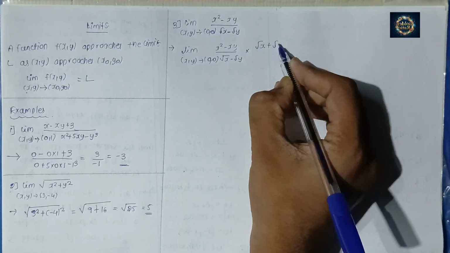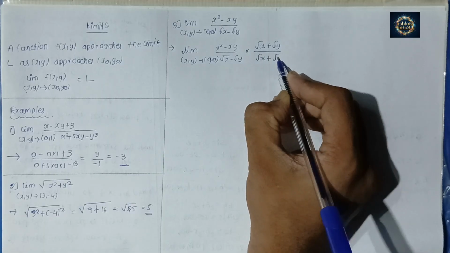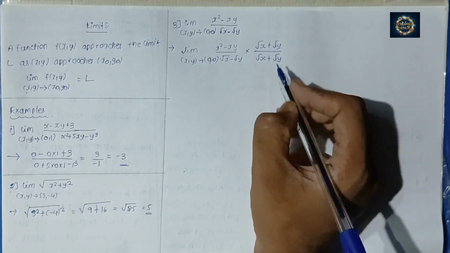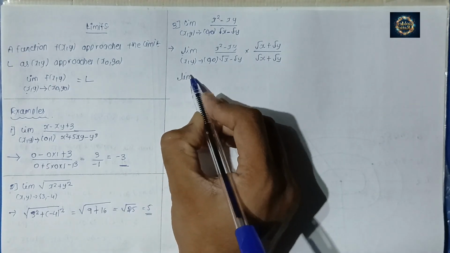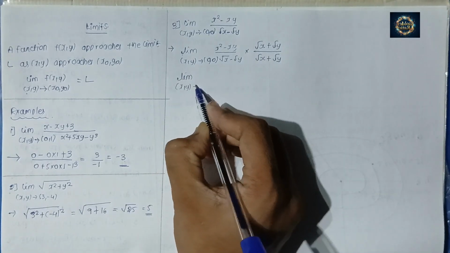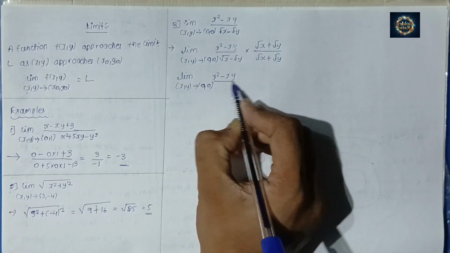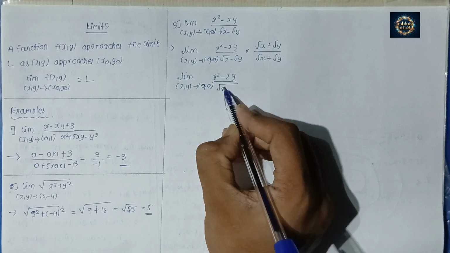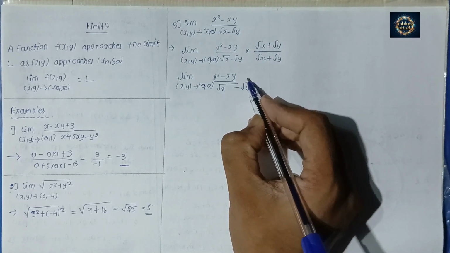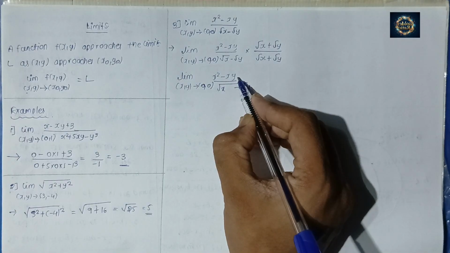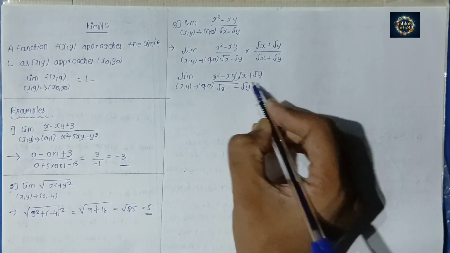So I can multiply and divide with the square root of x plus square root of y. Next we will see what will happen. The limit x comma y tending to 0 comma 0, x square minus xy divided by square root of x minus square root of y. If I multiply, it will be square root of x plus square root of y, multiplied here also.